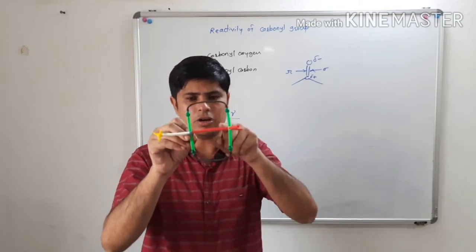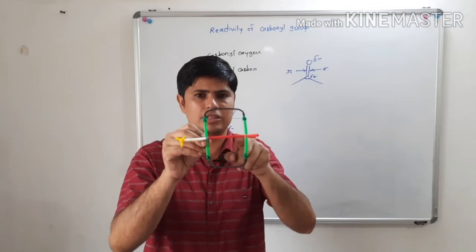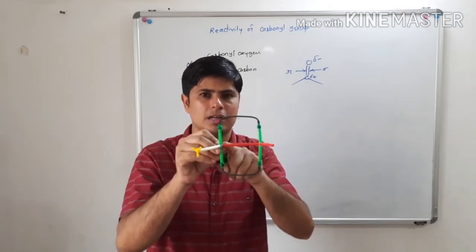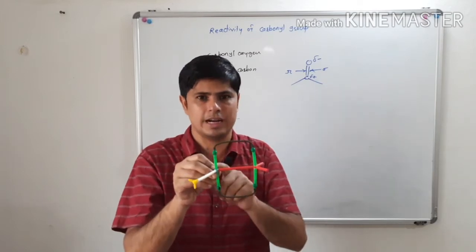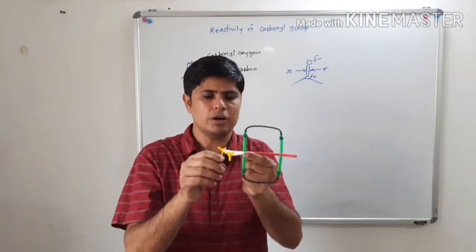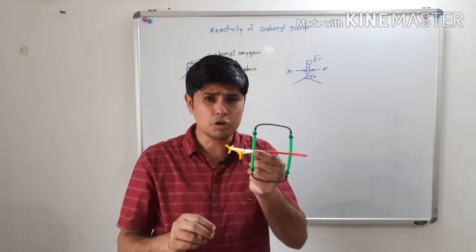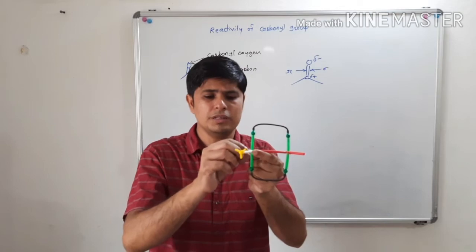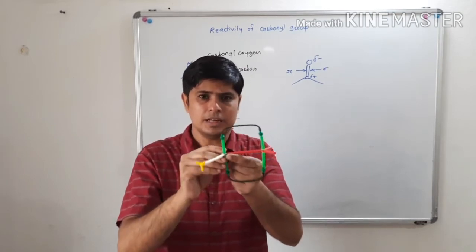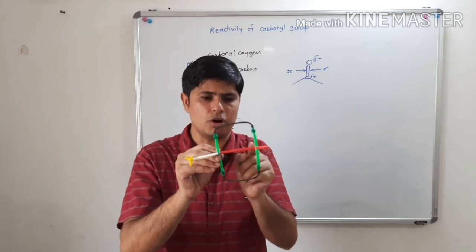This carbon and oxygen are bonded by the red bond, which is a carbon-oxygen sigma bond. So carbon is bonded to how many groups? One is this methyl group, second is this methyl group, and third is oxygen through a sigma bond.